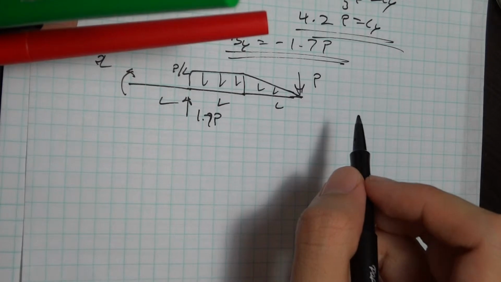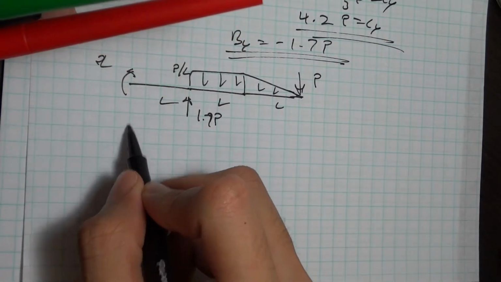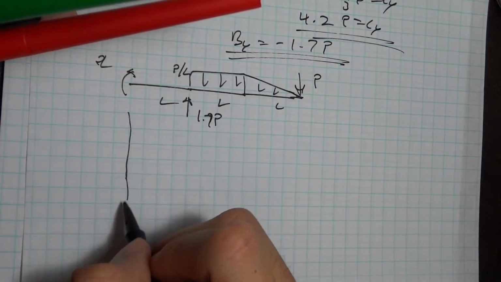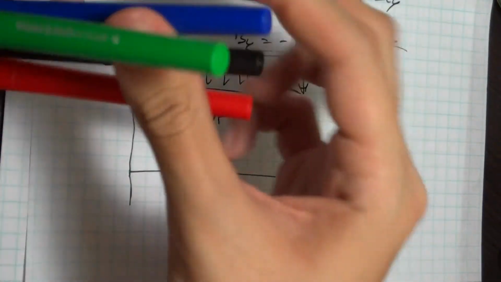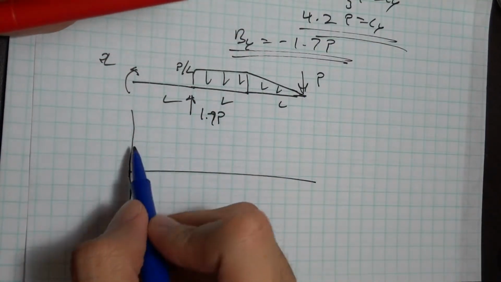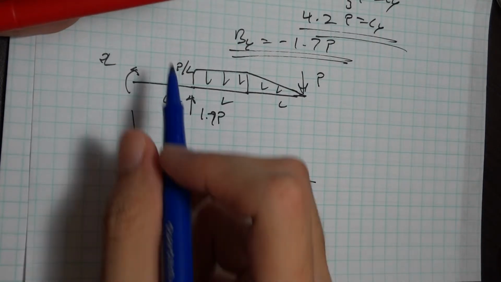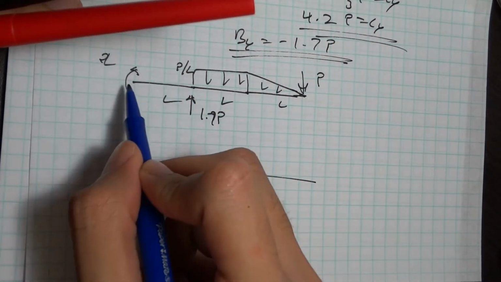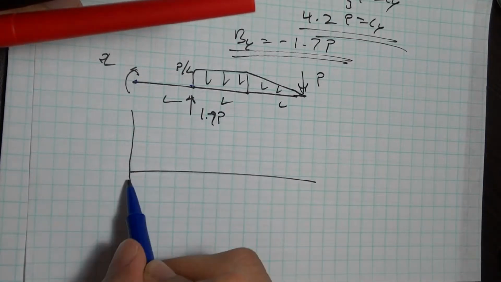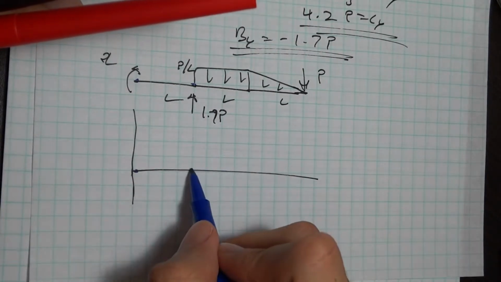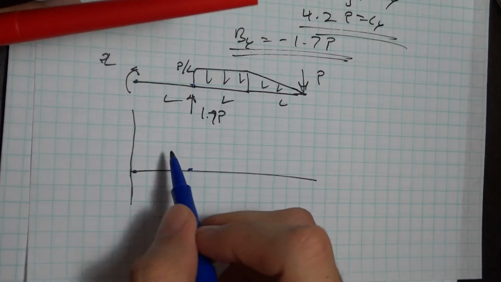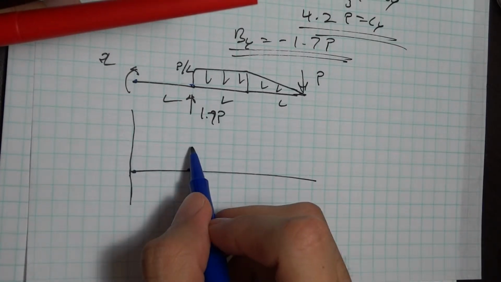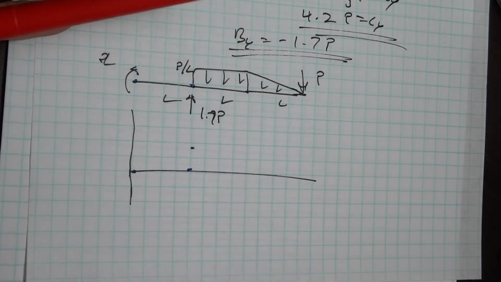Okay, so we have this. Let's look at our shear diagram. What happens here? We have no shear here. No shear here. No shear here. Our first instance of shear happens here. Here we go up by 1.7P. So I'll call each of these little squares 1, and I'll say we go up to here.